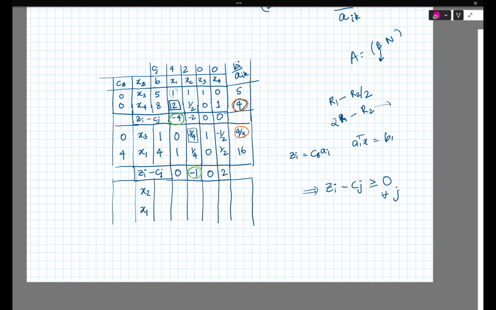And to make this 0, I'll do r2 minus r1 by 3.